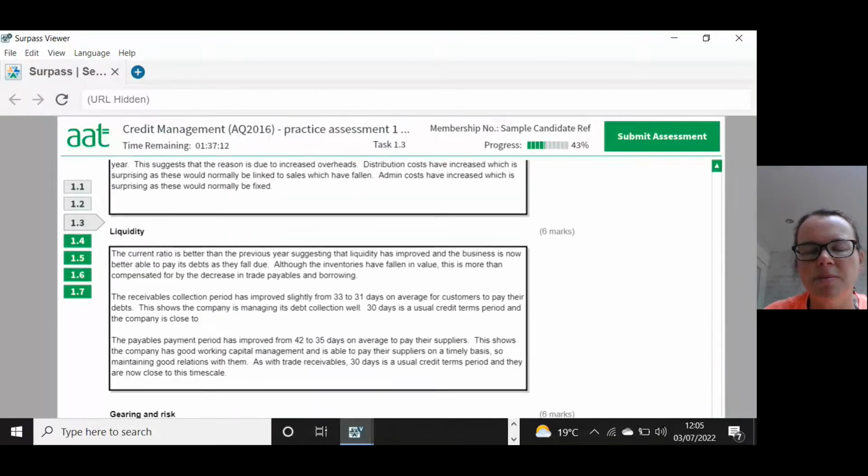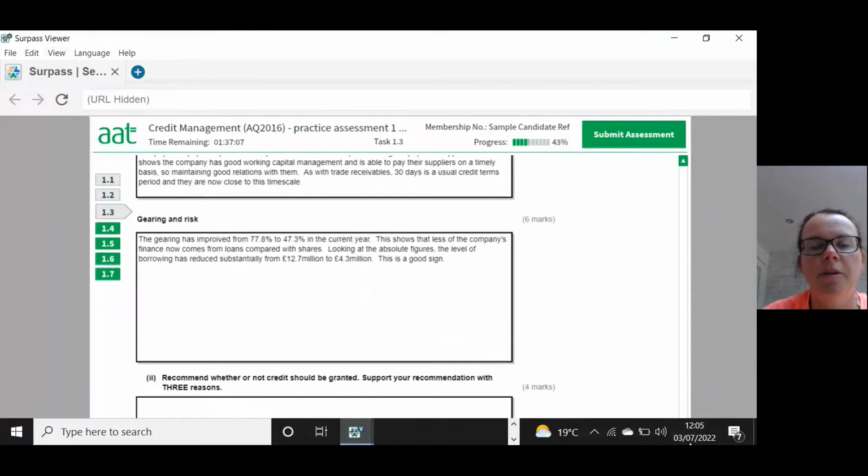Right, so this is probably the most difficult bit that we've come across. But let's try and break it down. Financially, the company has recently sold off a large proportion of its non-current assets, possibly to reduce its loans.